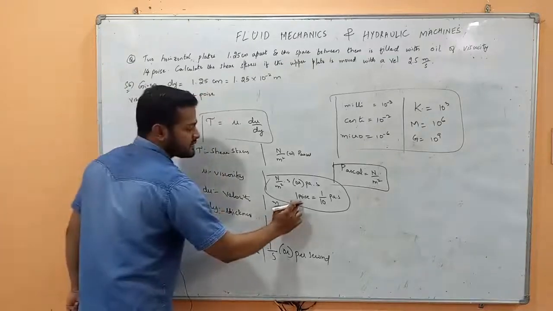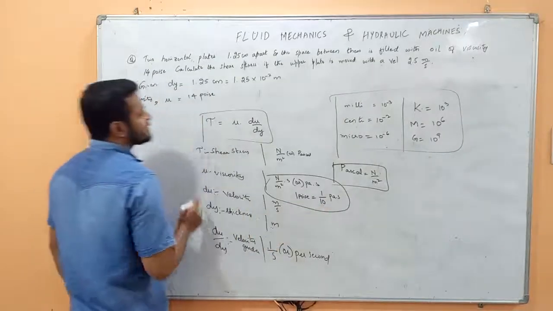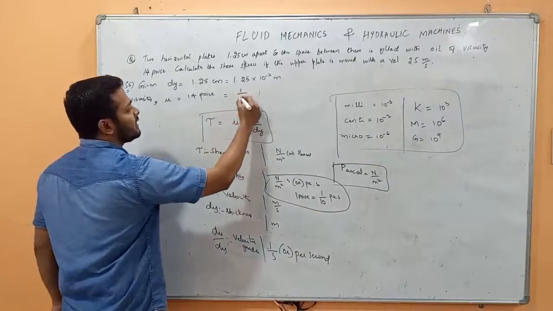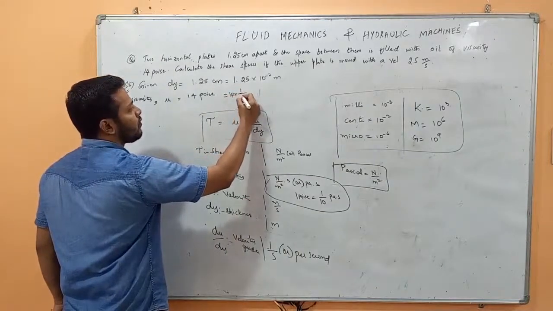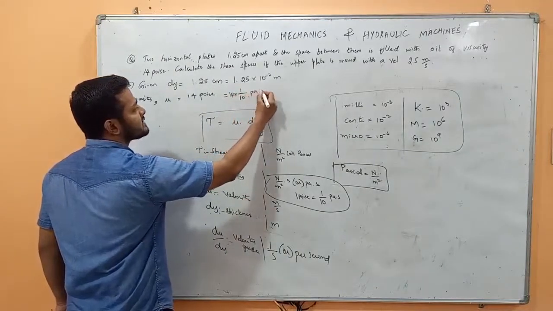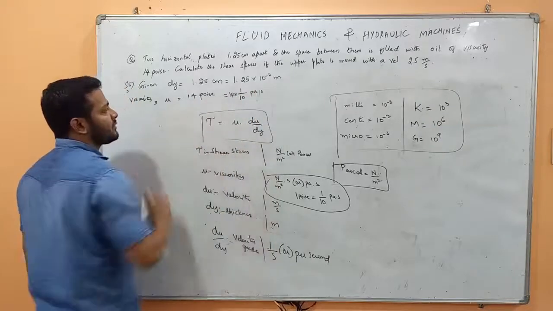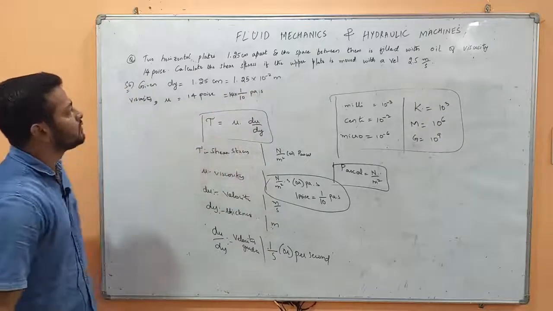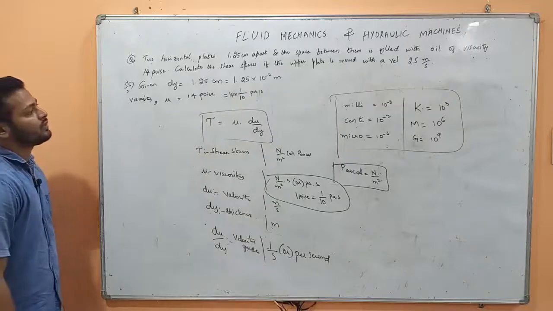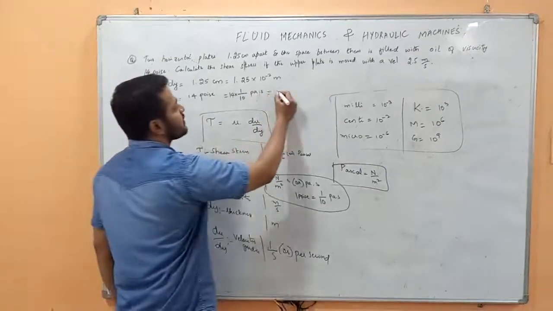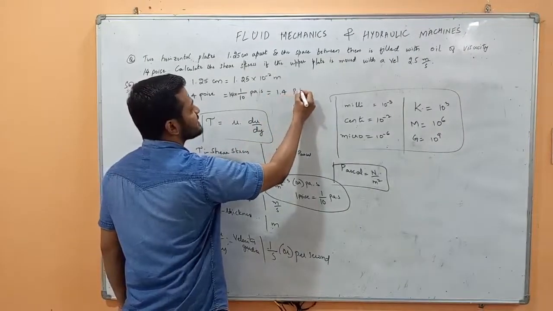So what is poise? 1 by 10 Pascal second. Because poise is not my SI unit, Pascal is my SI unit. So 14 into 1 by 10 Pascal second, that is 1.4 Pascal second.